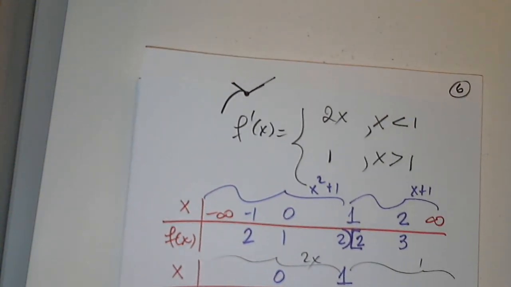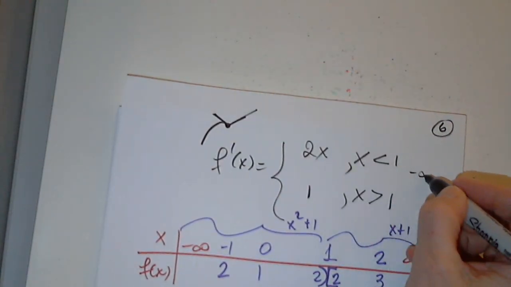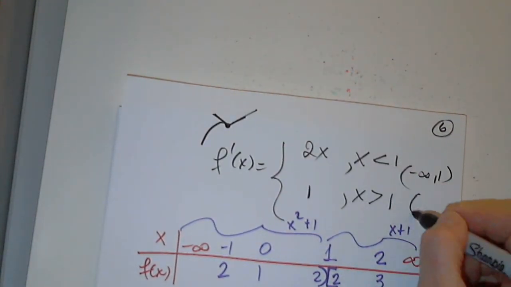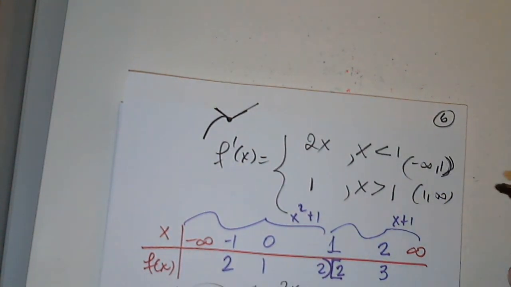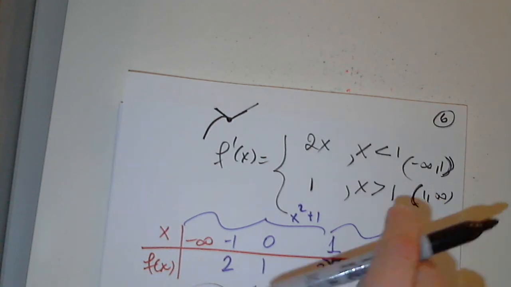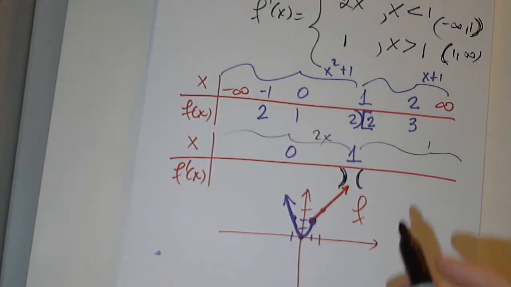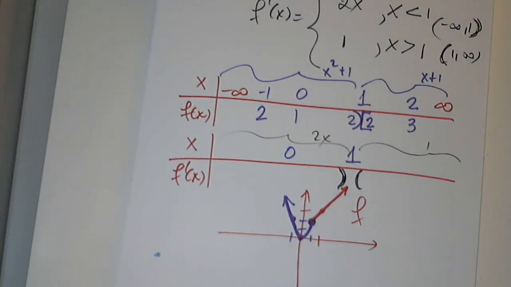I don't know if I'm going to put something in there, so for now I leave it blank. But this is nothing else but negative infinity to 1, and this is nothing else but 1 to infinity. So I have to use parentheses. This parenthesis facing this way, this parenthesis facing right, and I don't have anything inside yet. And I cannot make them touch. We've used these tables a lot already.